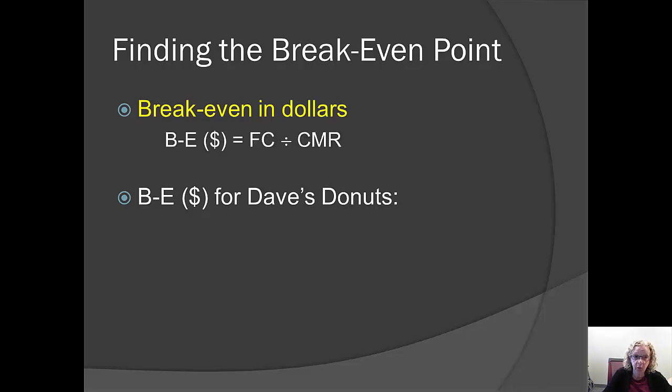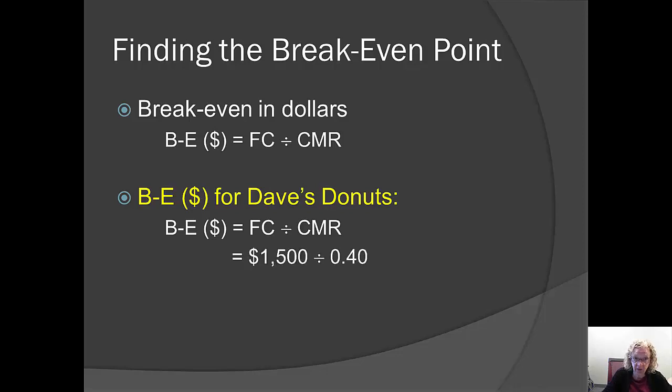So the formula, the easiest formula for break even in dollars is to take the fixed cost and divide by the contribution margin ratio. Let's take a look at how that works for Dave's Donuts.